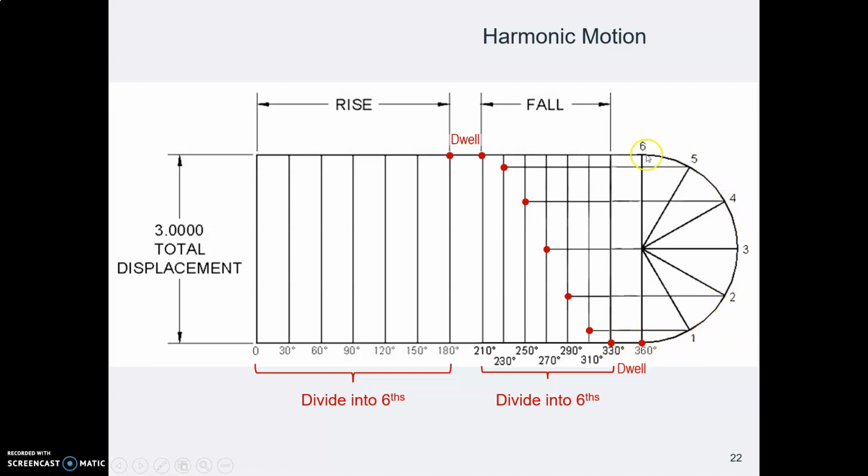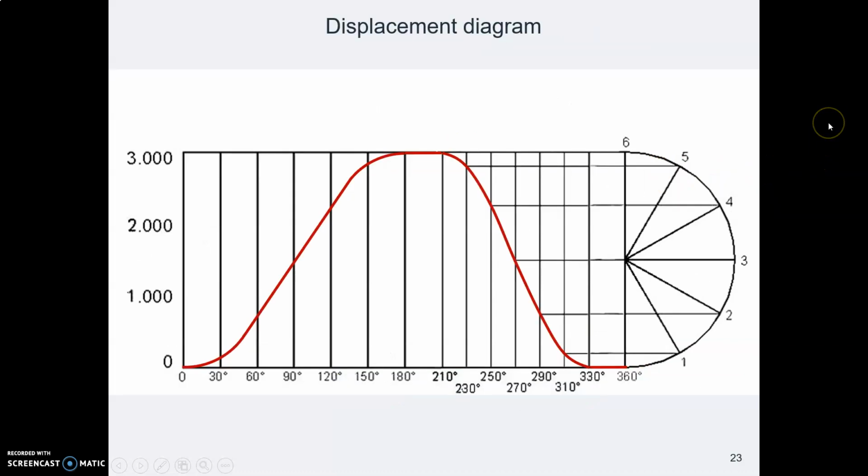Here is the half circle at the end of the graph where you can project lines over from the circle into this place where your sine wave is going to go. And then here is approximately what your graph will look like.